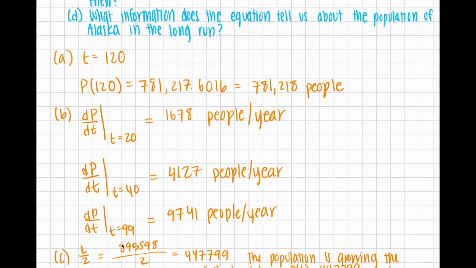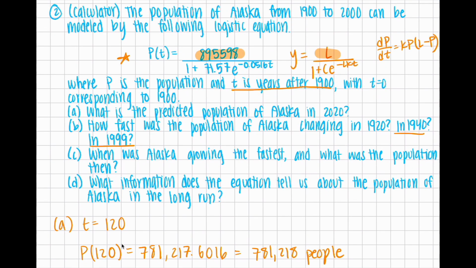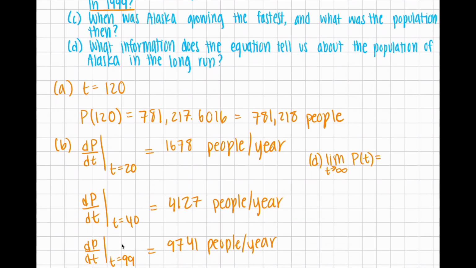That's part C. We have a part D. It says, what information does the equation tell us about the population of Alaska in the long run? Well, in the long run, we can take the limit as t goes to infinity of P of t. And we know we're going to approach the carrying capacity, which we said is this 895598.